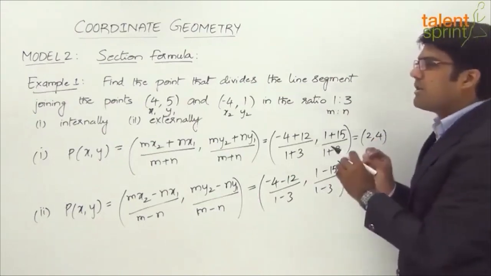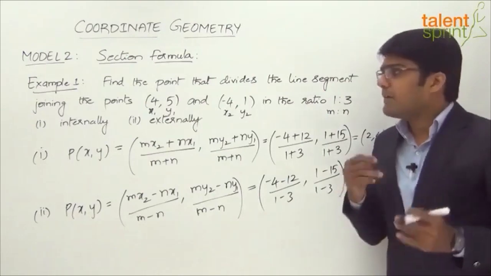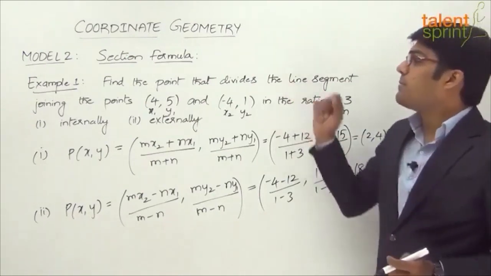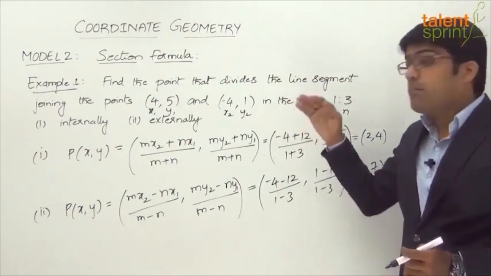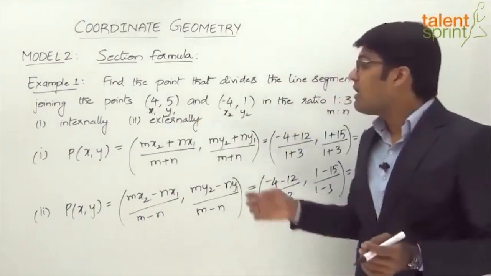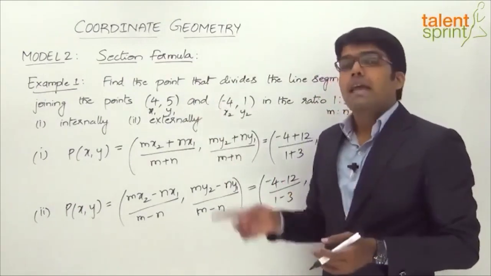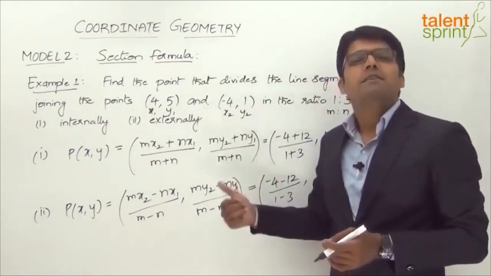So simply substitute the values in the given formula and arrive at the required answer. Likewise, let's say the question says find the midpoint of the line segment joining these 2 points. You should take x1 plus x2 by 2 and y1 plus y2 by 2.